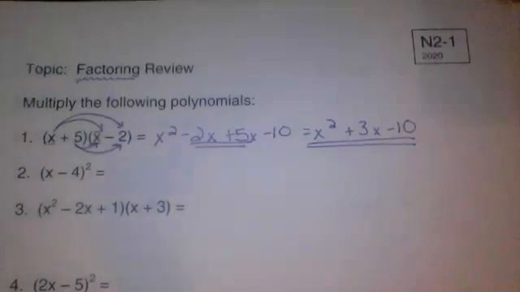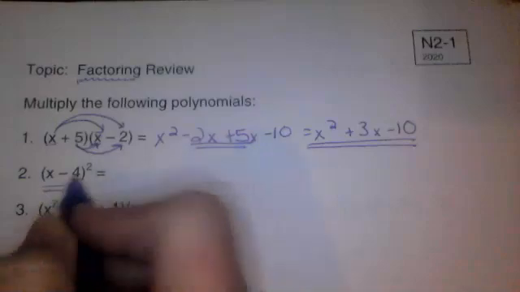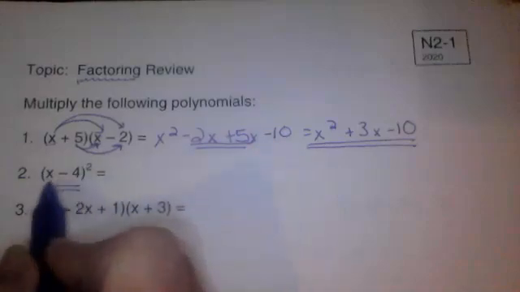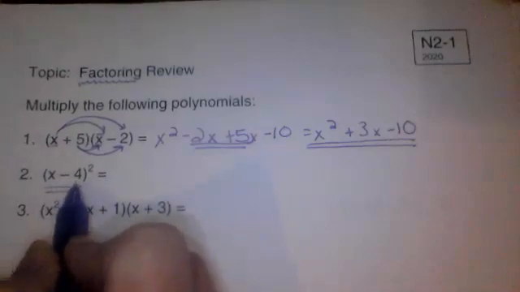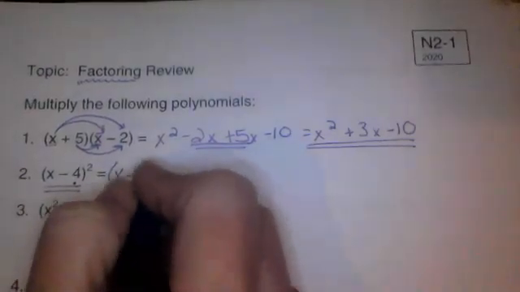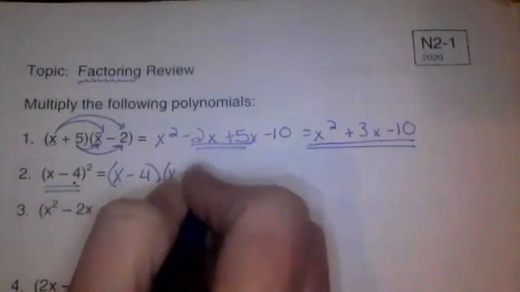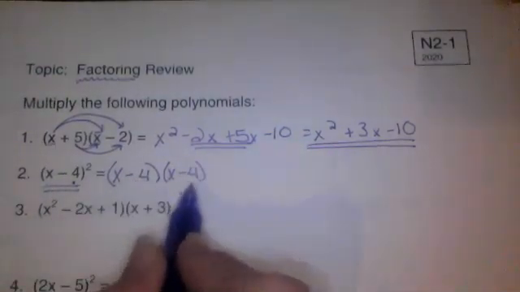All right, so I got kind of off track there, but we're going to go ahead and multiply this next one. Remember that when this is squared, this does not equal just x squared plus 16. There is a middle term in there, and I'm going to tell you all year long, don't forget the middle guy. Middleman always seems to get left out. This means x minus 4 times x minus 4, so we're going to multiply it that way.